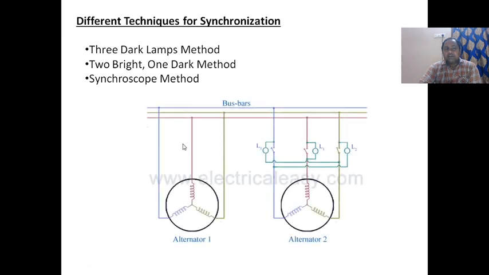We have three methods: the three dark lamps method, the two bright one dark method, and the third one is the synchroscope method. In the two bright one dark method, lamp L1 is connected in phase 1 line, L2 in the same line, L3 in line B. Three lines are connected through three switches to the alternator. Synchronization is very important for alternators, because a number of alternators are operated in parallel in a generating station.